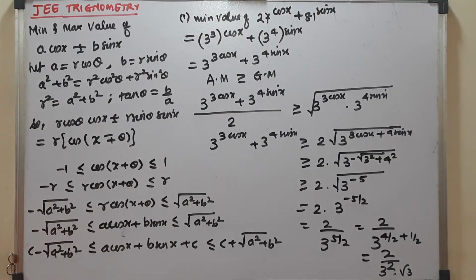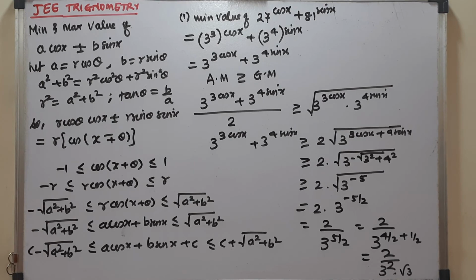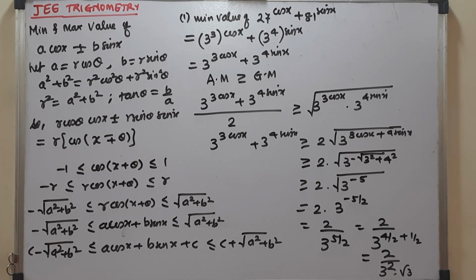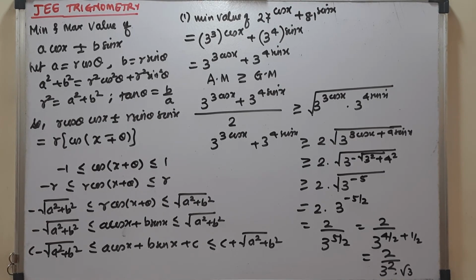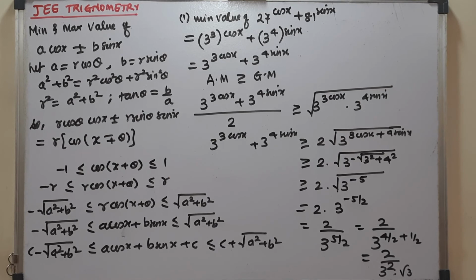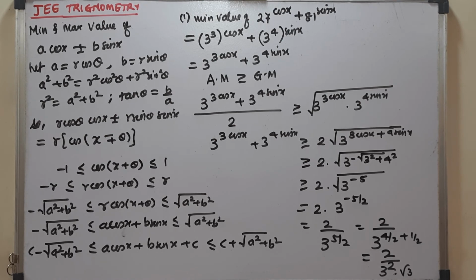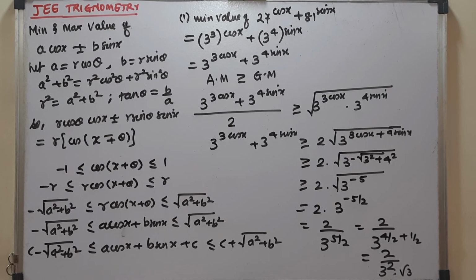Okay. So now the main thing what we saw here is that whenever we solve the problems, at that time all the conceptual thinking must be there in your brain. Here in this particular problem, when we see this question, we feel very delighted that it is very simple. 3 raised to 3 cos x and 3 raised to 4 sin x.